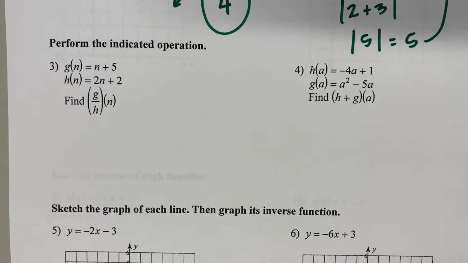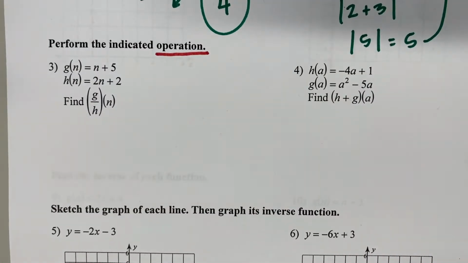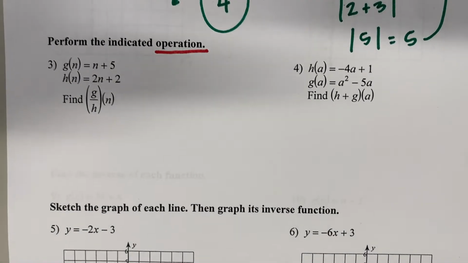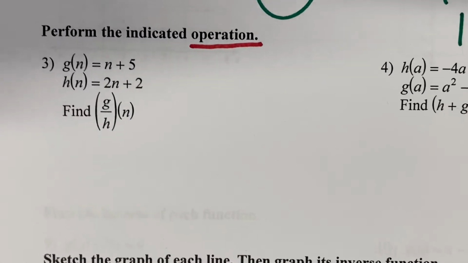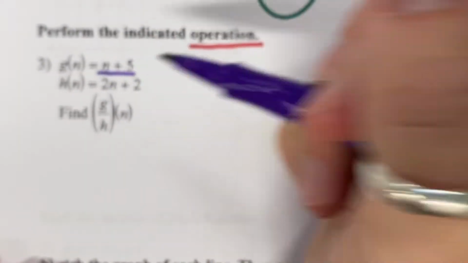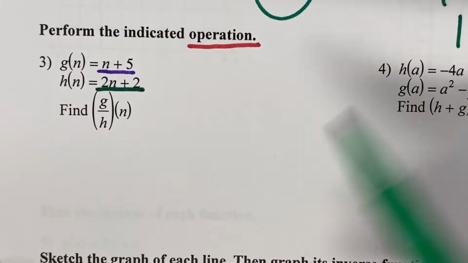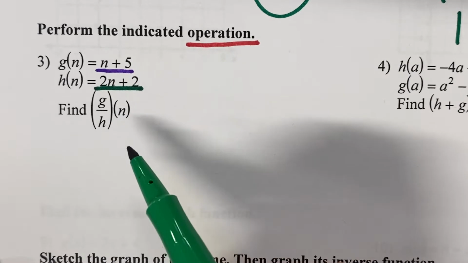Number 3 and 4, it's asking us to perform the indicated operation, which just means you're either going to add, subtract, multiply, or divide. In these, it gives you 2 functions. g of n is my top guy, h of n is my bottom guy, and it wants us to divide these.